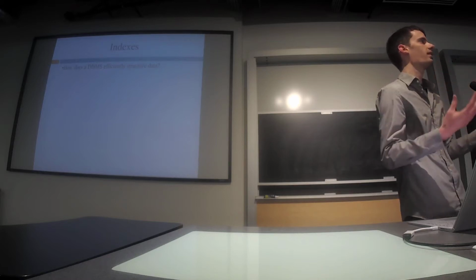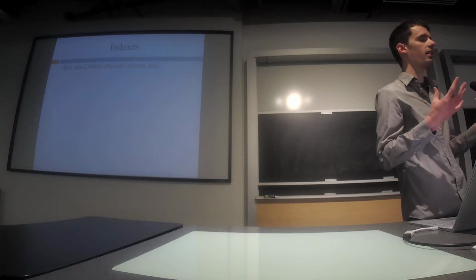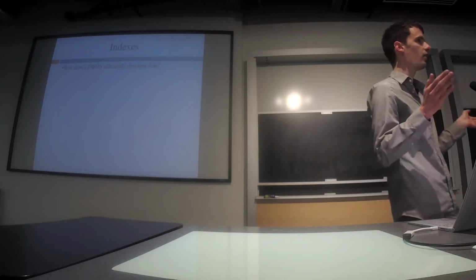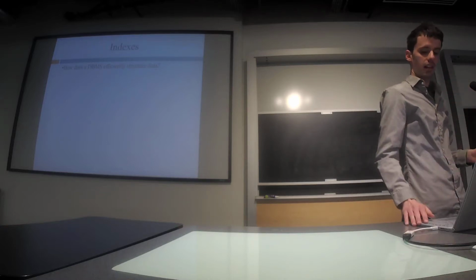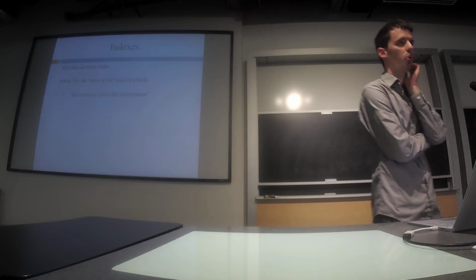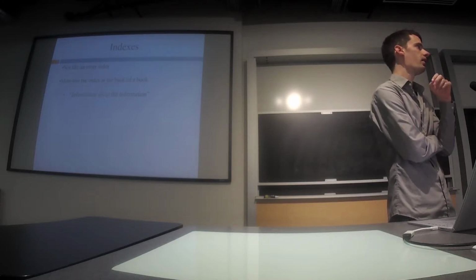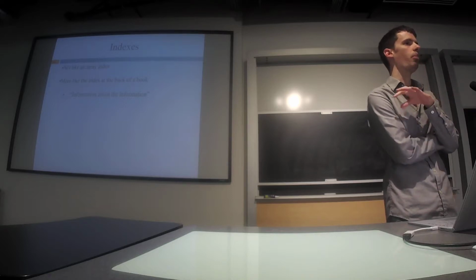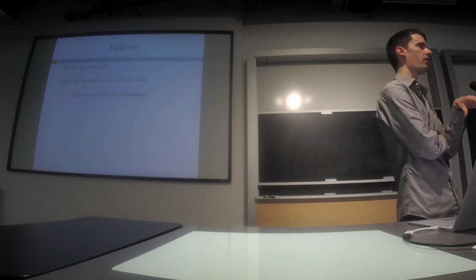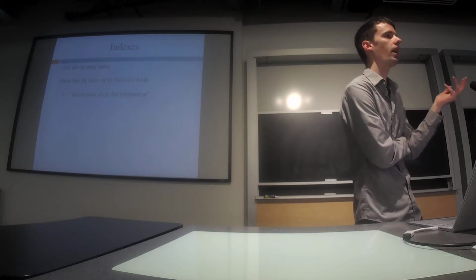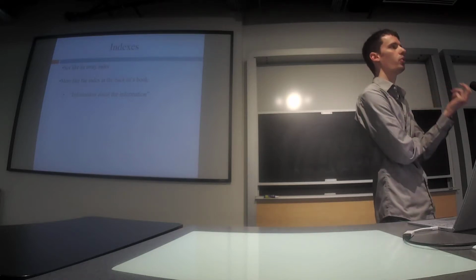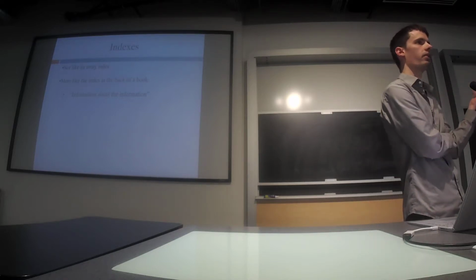I will just use indexes to make it more clear, like an index in terms of a database. It's not a location in a list or an array. Index in this sense is more like the index in the back of a book. It's additional information about the rest of the information. It's meta information. It tells you how to quickly use or access the rest of the information.